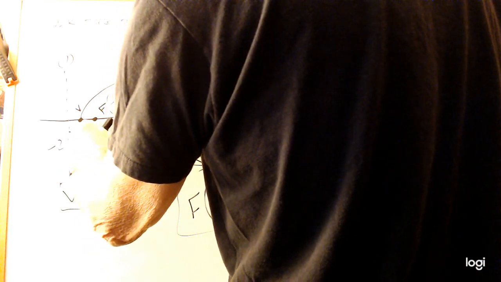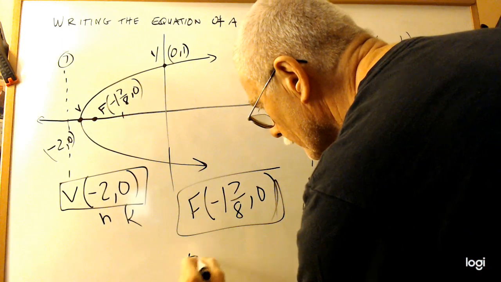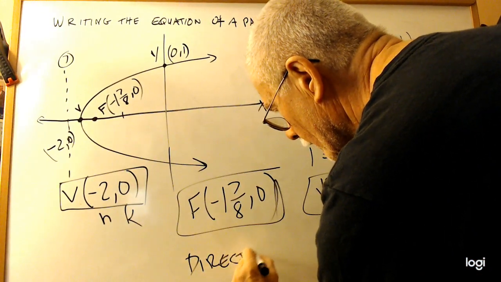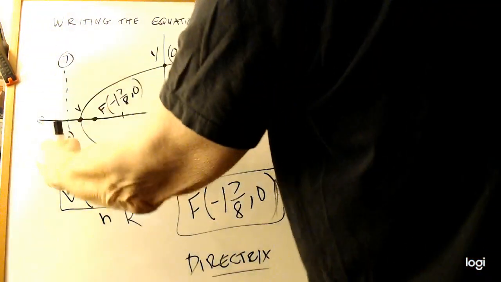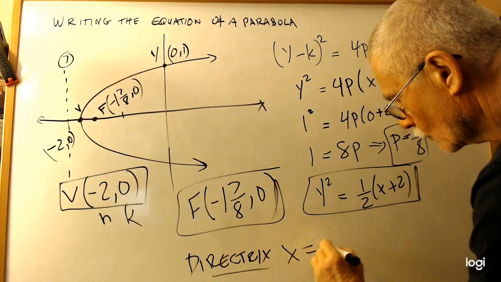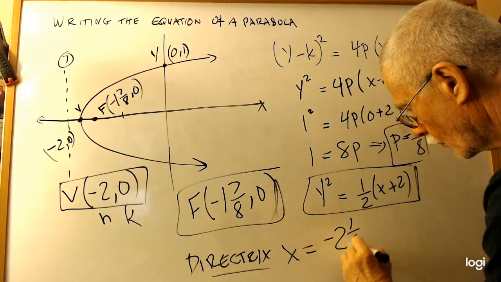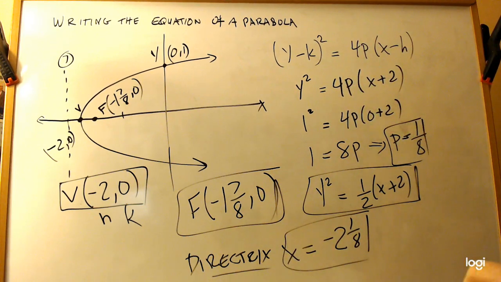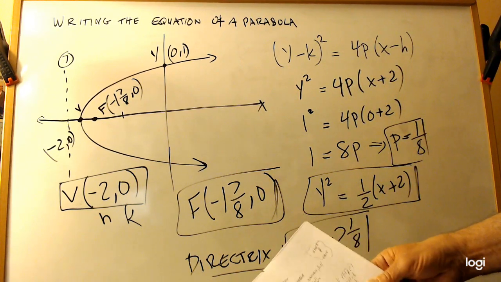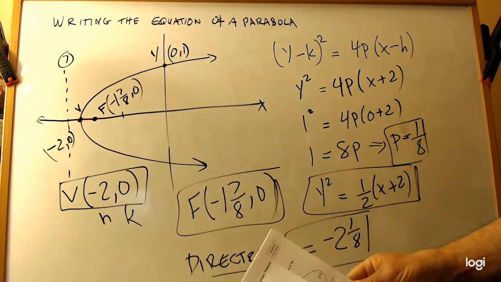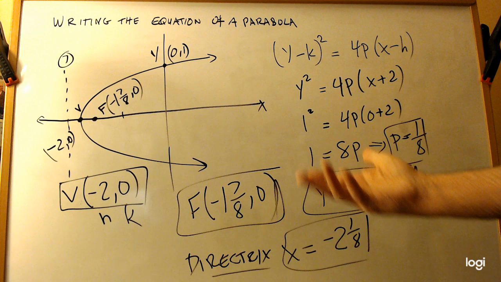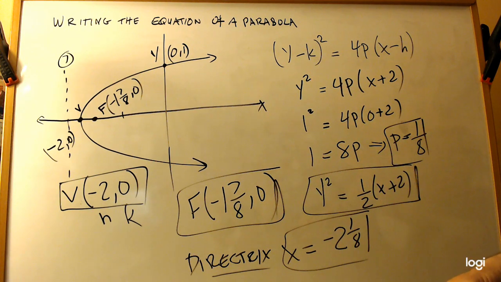Starting at negative 2 comma 0, going an extra 1/8 out, the directrix, in this case a vertical line, is x equals negative 2 1/8. All of this is worked out in detail for each of the 8 problems on this worksheet, and it's on Blackboard. So you should work this out for yourself and verify that you understand this.